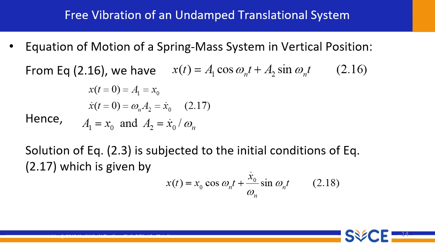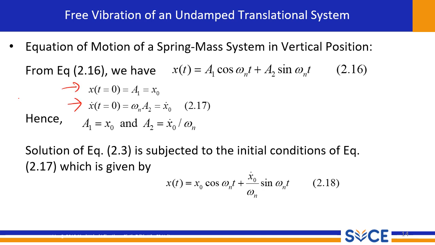Now, we have arrived at the general solution for the motion of our spring mass system. The crucial next step is to apply specific conditions to find the particular solution that describes actual motion in a given scenario. These conditions are typically the initial displacement and initial velocity of the mass.